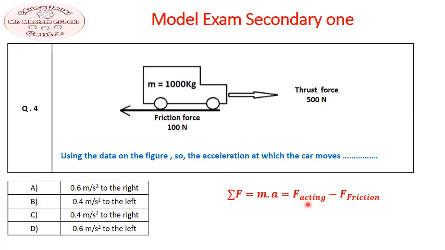F acting of motor minus F friction equals 1000, the mass of the car, times the acceleration: 500 minus 100. Then the acceleration is 0.4 meter per second square towards the largest force, towards the right.